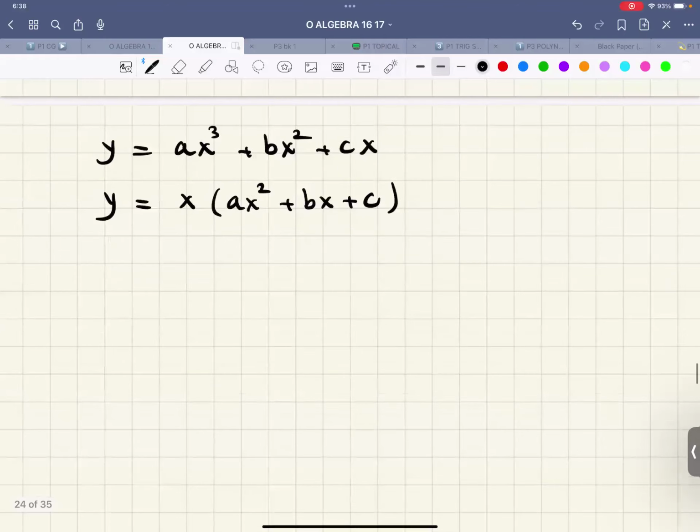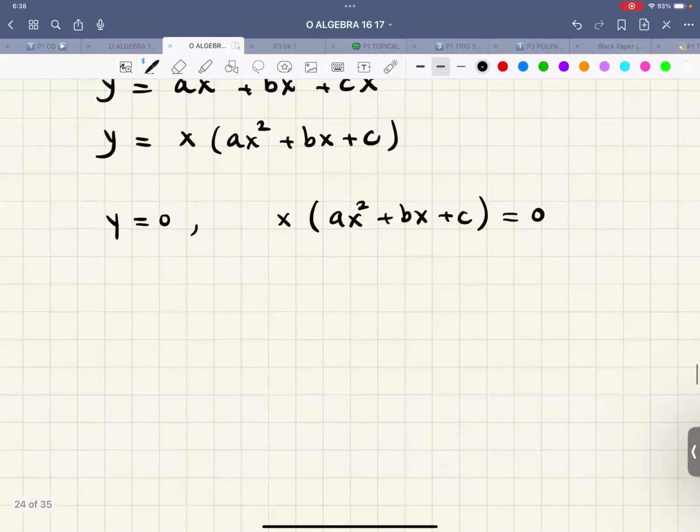Now, when we are talking about a curve like this, if I make y is equals to 0, therefore x bracket ax square plus bx plus c equals to 0. In other words, we have x equals to 0, and then we have ax square plus bx plus c equals to 0.